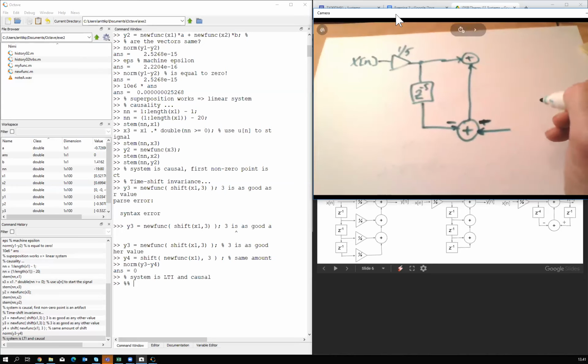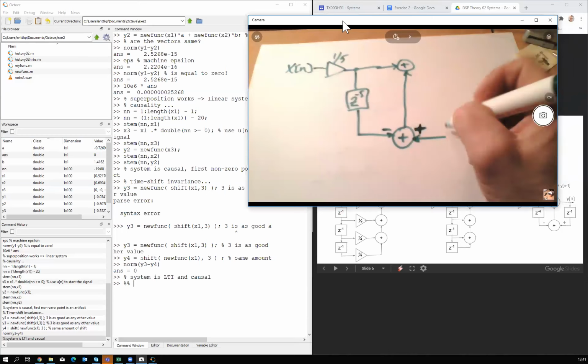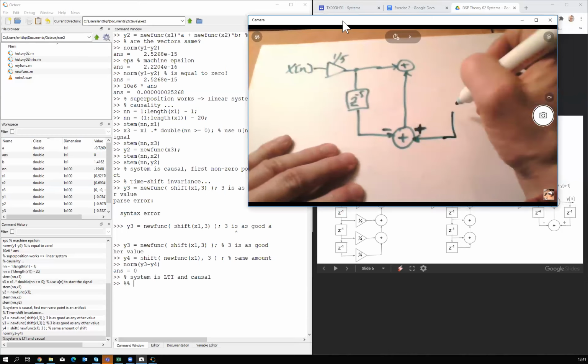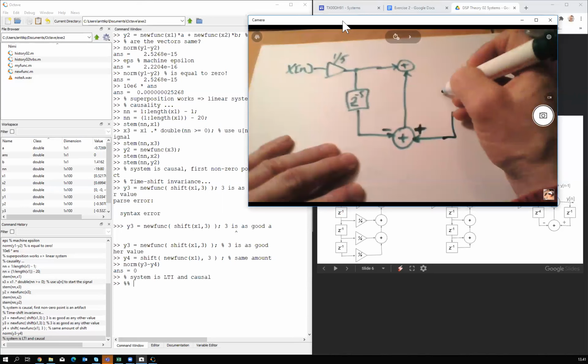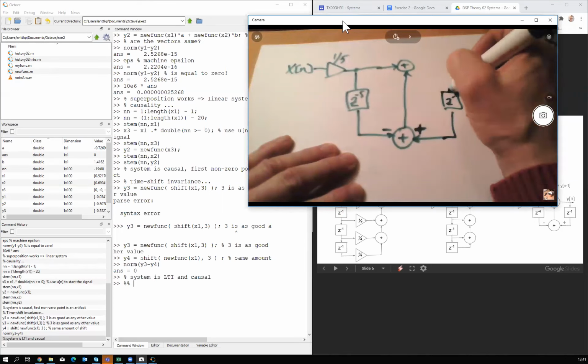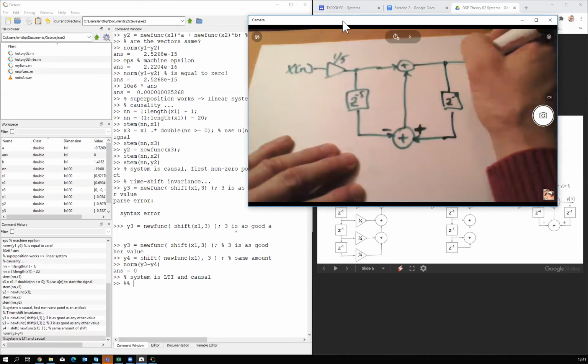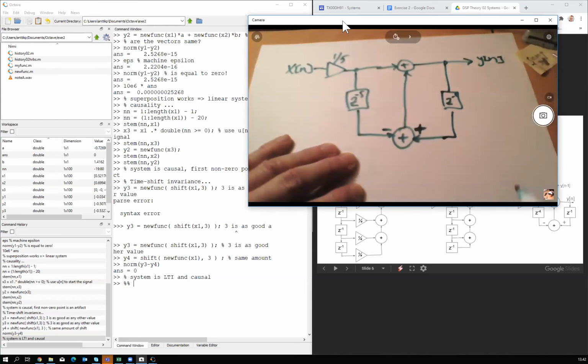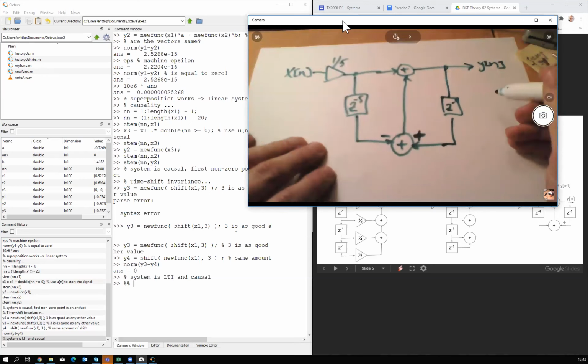No, plus. Previous value, yeah. The previous value will be updated that way, yep. Z to the minus 1, and then we have the system output.